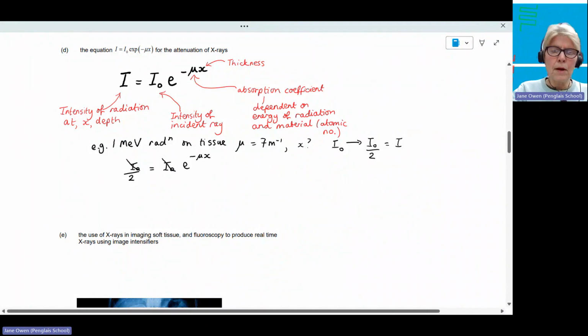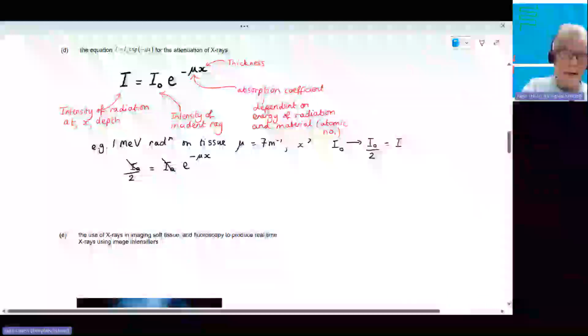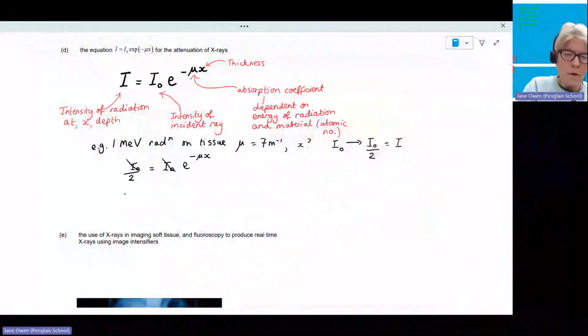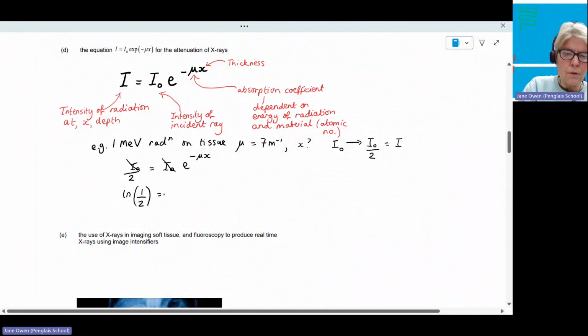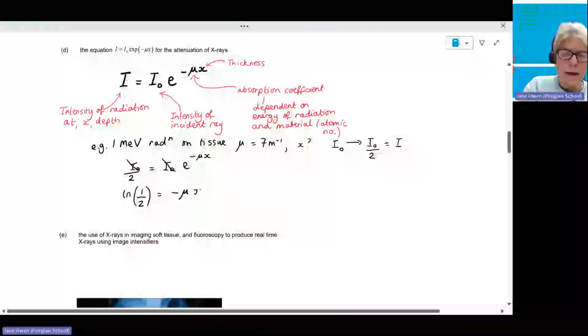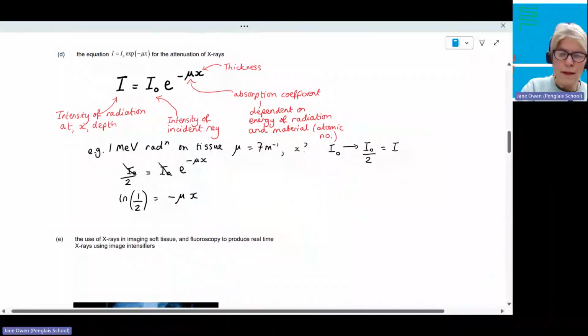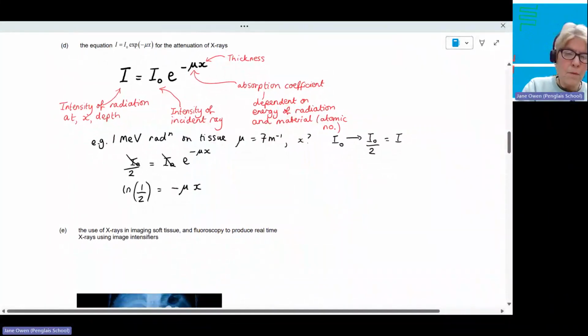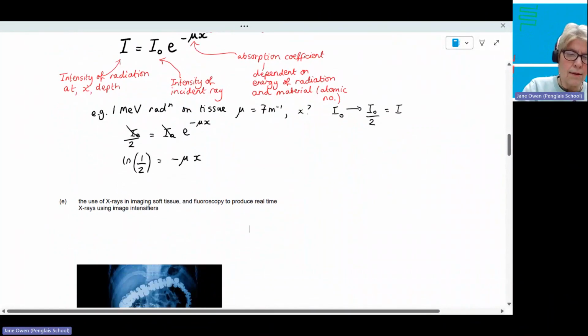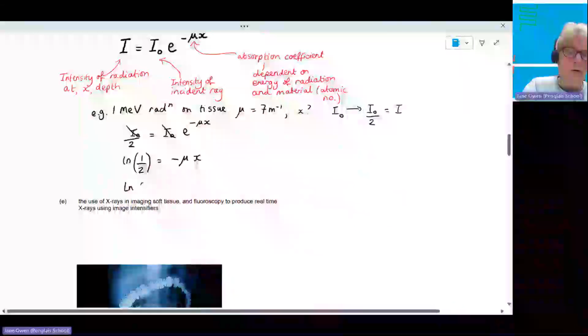If we bring that top level down by logging that equation, we get log of a half is equal to minus mu x. Because we've got that negative sign, we can bring it over onto the other side, and we have log 2.